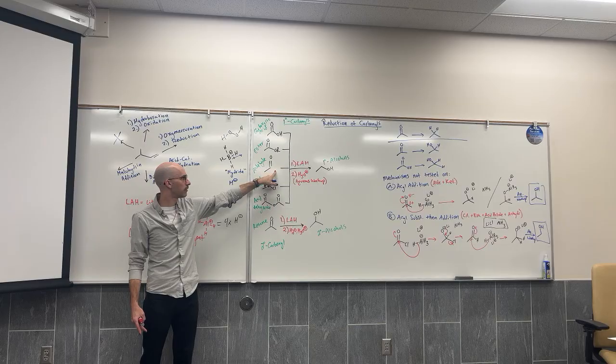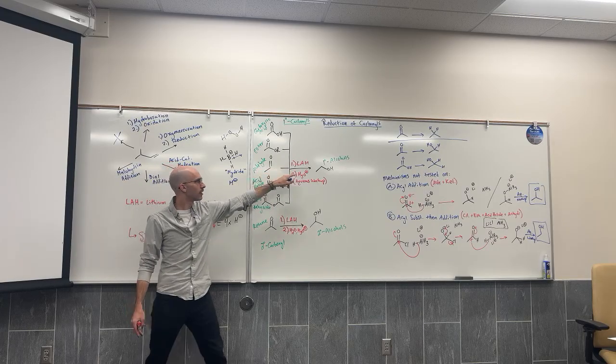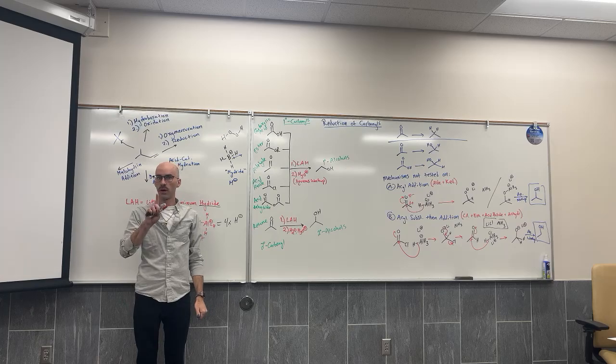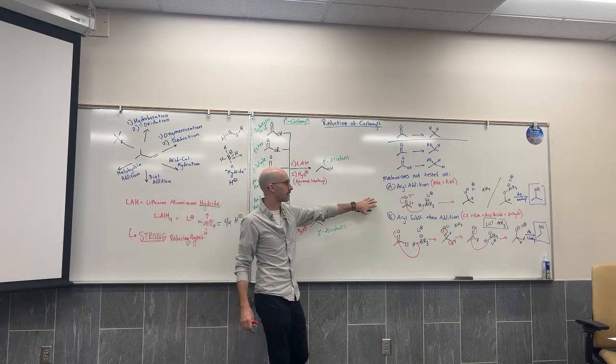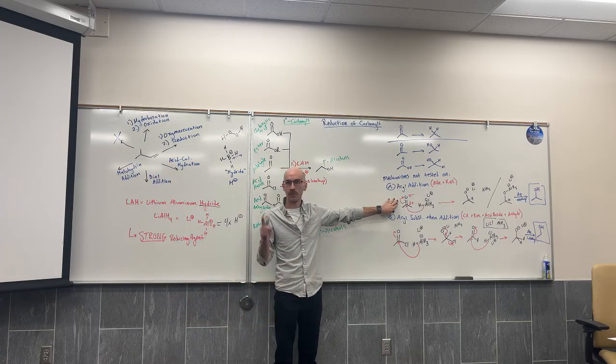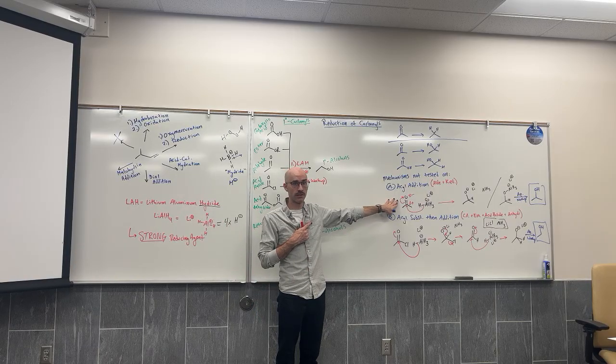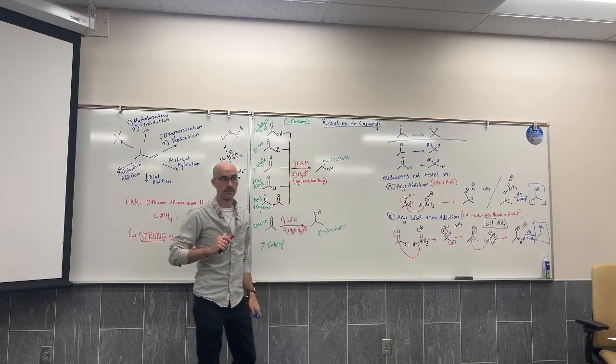It had 1 CH, now it has CH2. Because aldehydes and ketones get reduced in 1 step. Aldehydes and ketones only need 1 additional hydrogen, and then they're done.